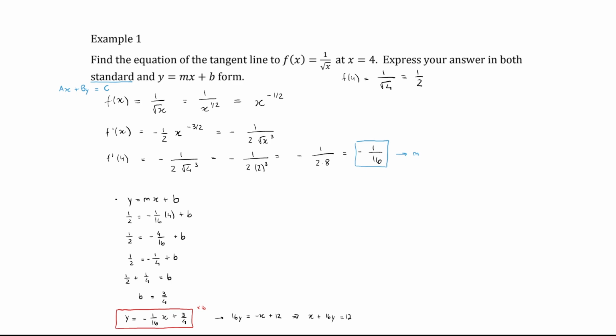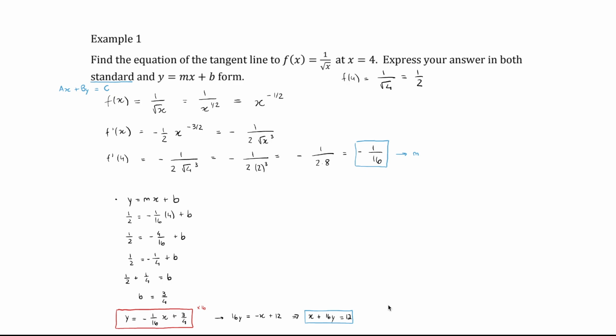And this is the equation of the tangent line in standard form. And this is our first example. So again, the process is the same as we have seen before. We find the derivative in order to find the slope. And then once we have the slope, we use that to find the equation of the tangent line.